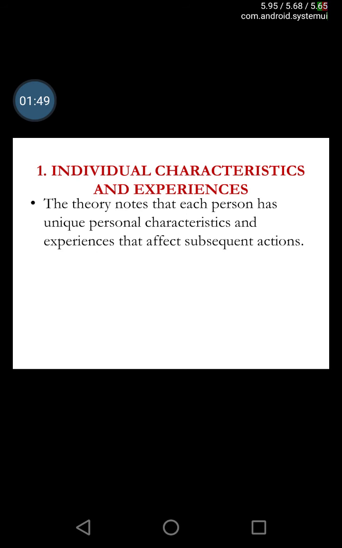First is the individual characteristics and experience. The theory notes that each person has unique personal characteristics and experiences that affect subsequent action. Here we are in the part of nursing assessment, where we are assessing the characteristics of an individual and his prior experiences.